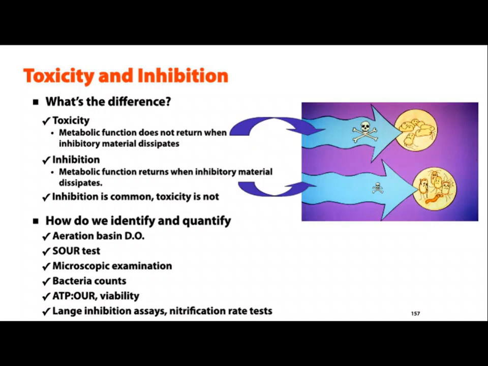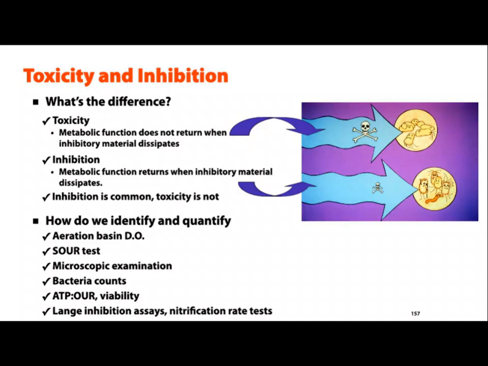But what's important is, how do you figure out that something is going upside down? How do we identify and quantify it? So let's scratch this out. The aeration basin dissolved oxygen.